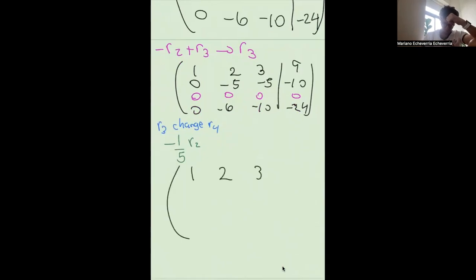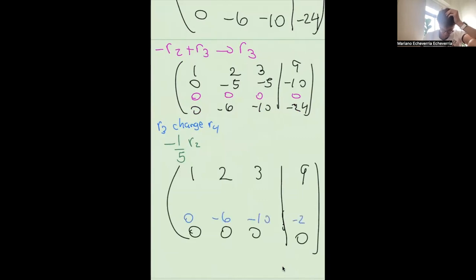I get 1, 2, 3, 9. Once I'm changing rows 3 and 4, the row of zeros goes to the bottom, 0, 0, 0, 0. And the other one now goes here. Let me put it in blue. And once you multiply this by minus 1/5, you get 0, 1, 1, 2. Okay.